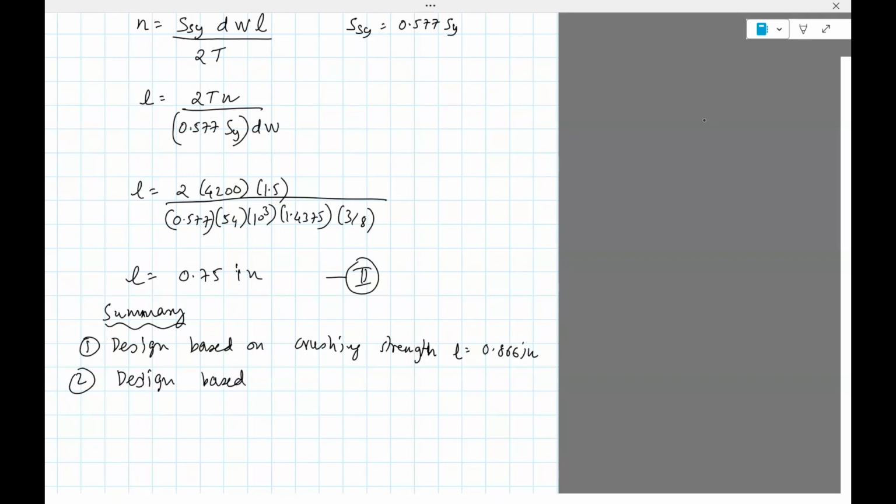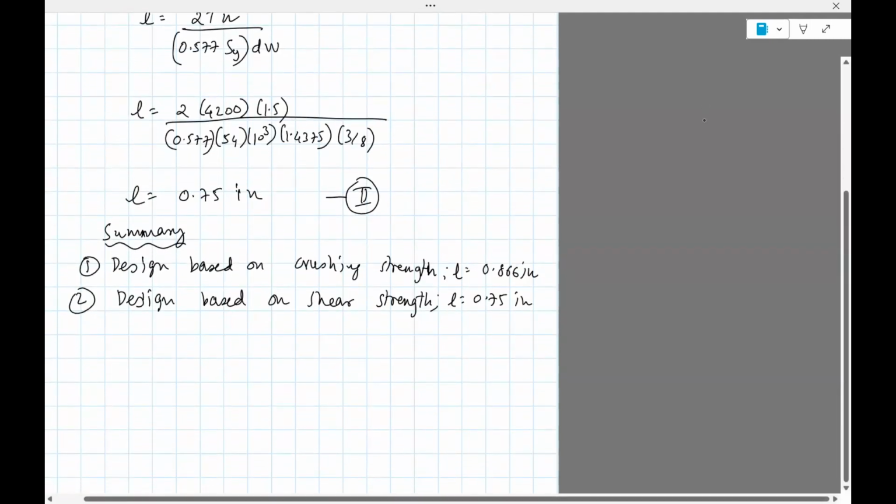Design based on shear strength, L is 0.75 inch. So which one would you choose? 0.866 or 0.75?